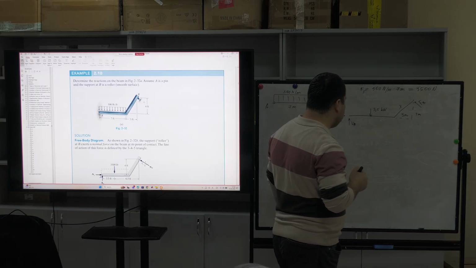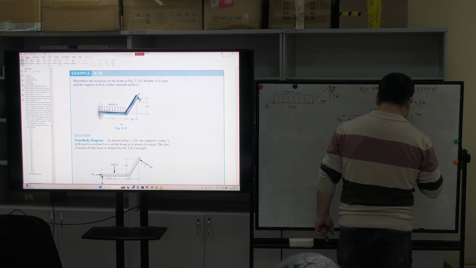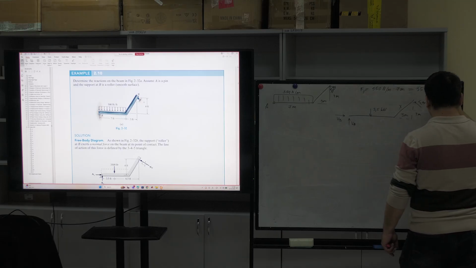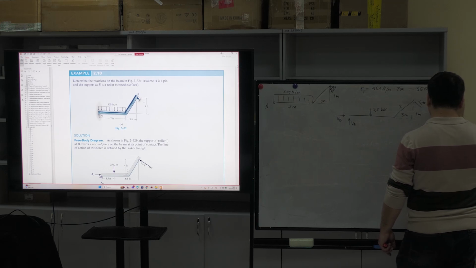What I have to do is spread this force into two parts. If I have a force like this, I have the HB component, the horizontal component of this force, and we go here like this, the VB component of this force.